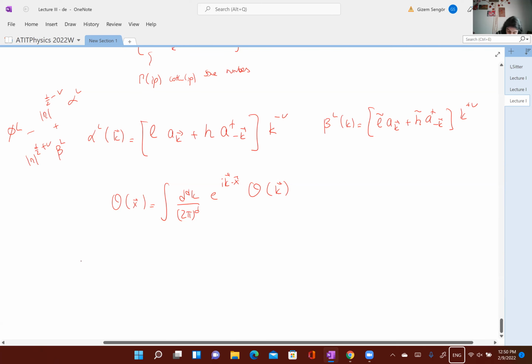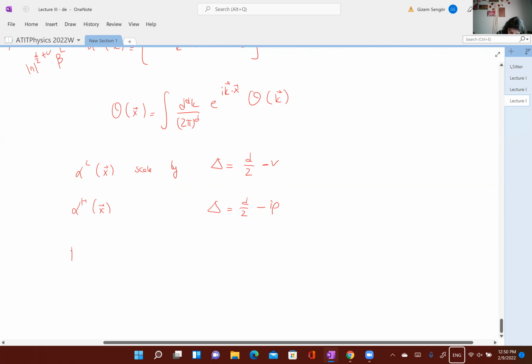But you find out that alpha light of x scales by delta equals d over 2 minus nu, alpha heavy of x scales by d over 2 minus i rho, beta light of x scales by d over 2 plus nu, and beta heavy of x scales by d over 2 plus i rho.